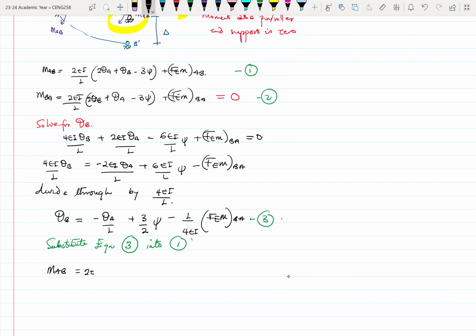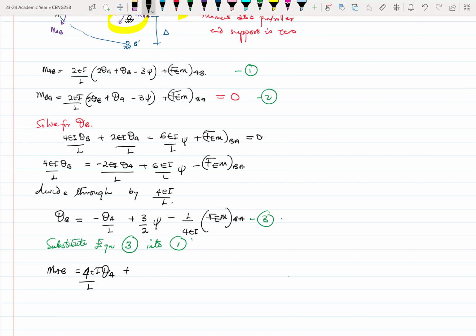So I get 4EI theta A plus minus theta A over L plus 3 over 2 psi. Okay. All right, so we're good.